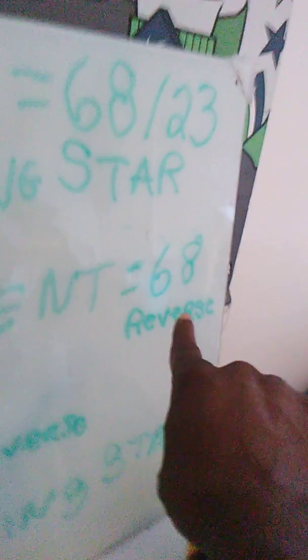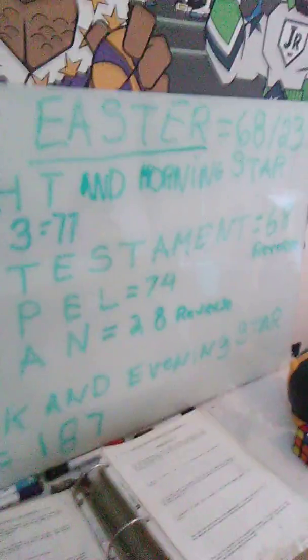Synagogue, one word with 9 letters. Easter, one word that has a totality of 9. One word, 2 syllables, 6 letters. 1 plus 2 plus 6 is 9. Off of one word, Easter, 19. So we have the number 19. We have the number 68. And we have God's Son, 99.